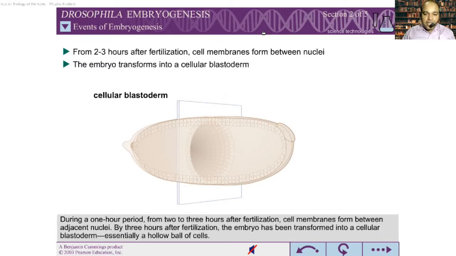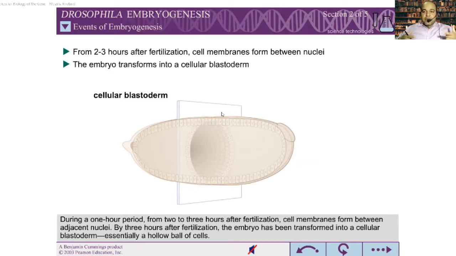ये बीच में जो cavity रह गया है, इसे हम क्या कह देते हैं? This cavity is commonly referred to as the blastocele cavity. And this cavity is similar to the peritoneal cavity which is present in the case of human. हमारी body में भी abdomen में क्या होता है? Peritoneal cavity होता है.